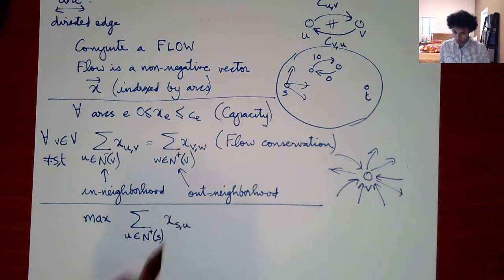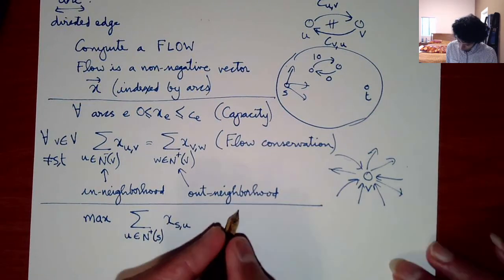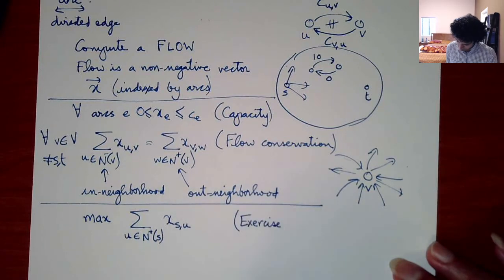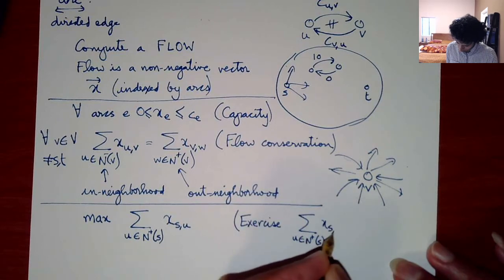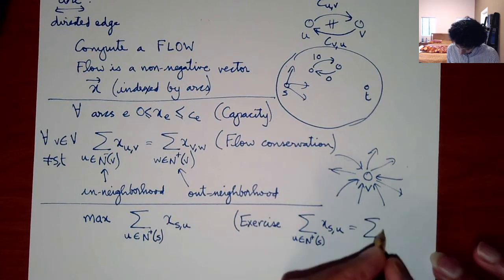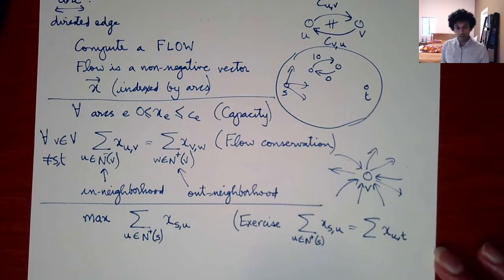We want to maximize this flow. Okay? And a simple exercise is that the total flow that is going out of S is the same as the total flow that is going in to T.